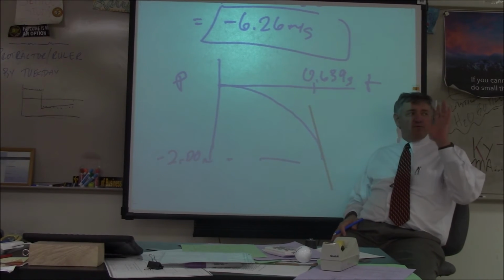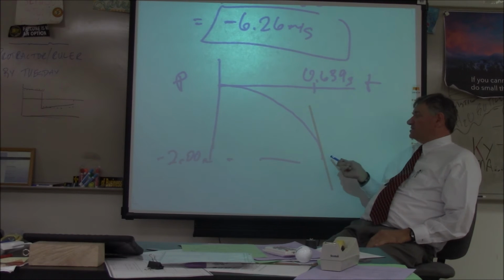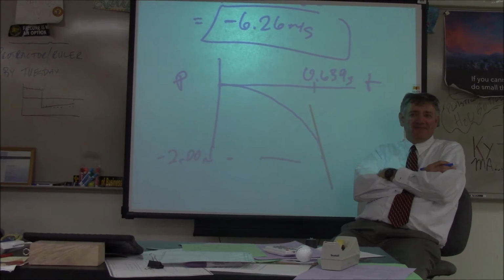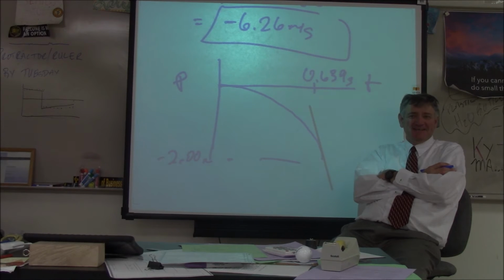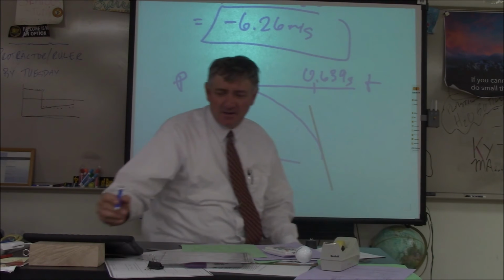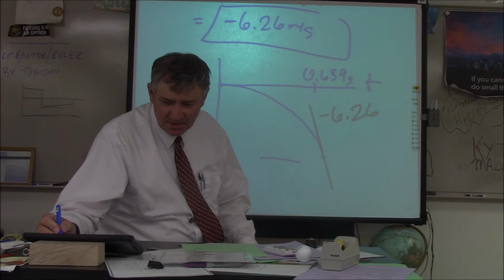What's going to be the slope of that tangent line at 0.639 seconds? Negative 6.26 meters per second. Fantastic. Why? Because that's the velocity at that given point. Perfect.